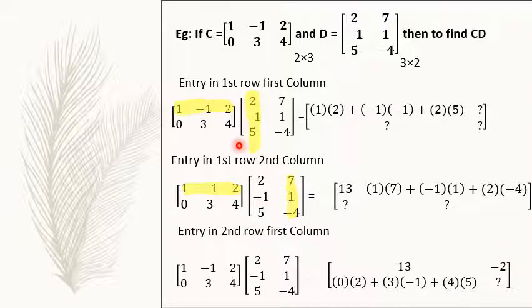So to find the product matrix CD, the first row into first column gives A11. Now first row into second column gives A12. Now second row into first column gives A21. Here 0 into 2, 3 into minus 1, 4 into 5.